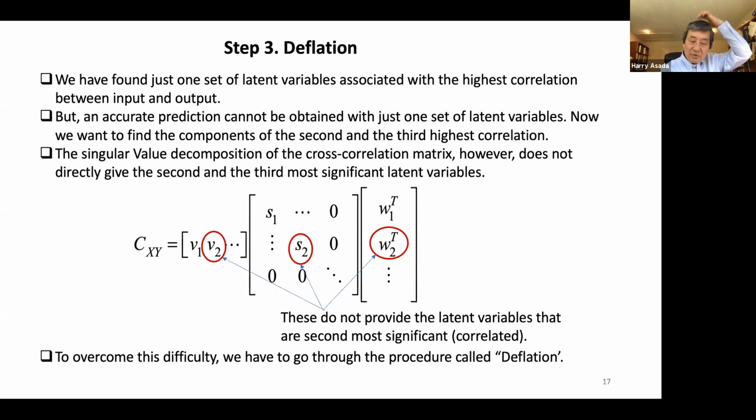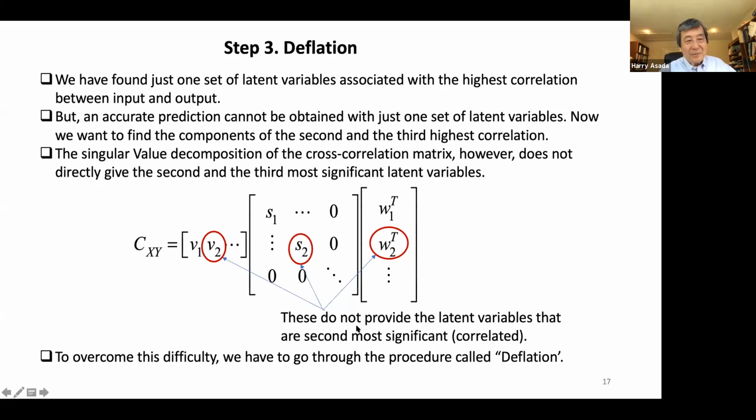And also the loading vectors q. So these variables form a set of latent variables. That's one set, but we need more: the second most significant, the third most significant latent variables.